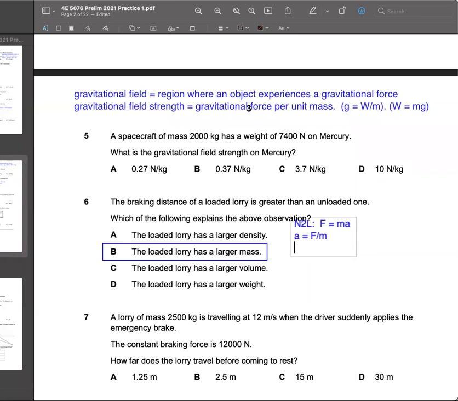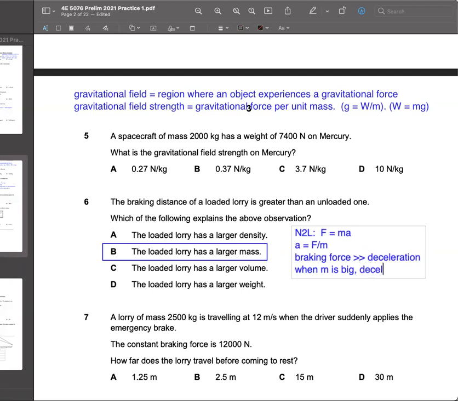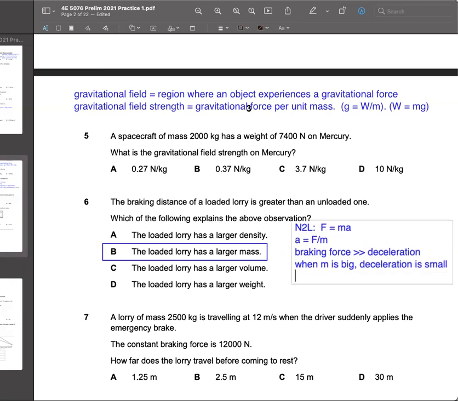So if let's say we are using a braking force, a braking force will produce a deceleration, right? Correct. So what happens when mass is very big? When mass is big, what happens to the acceleration, or the deceleration? Will it be big or small? It's very small.